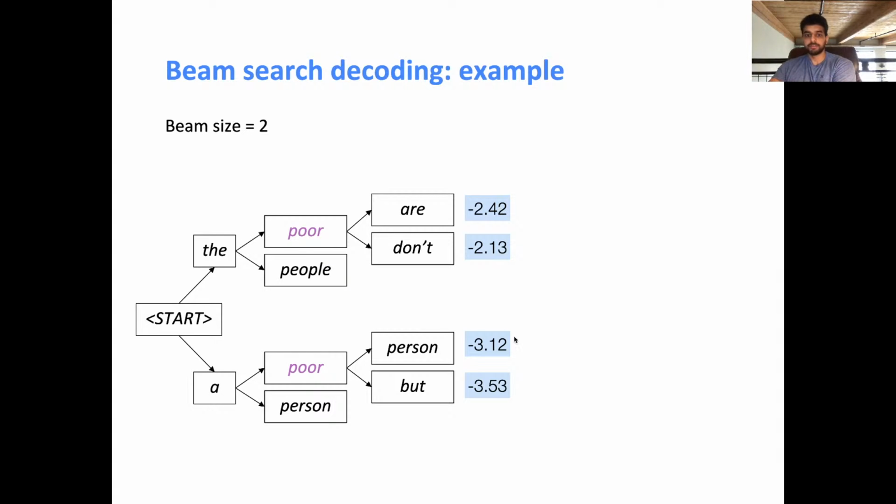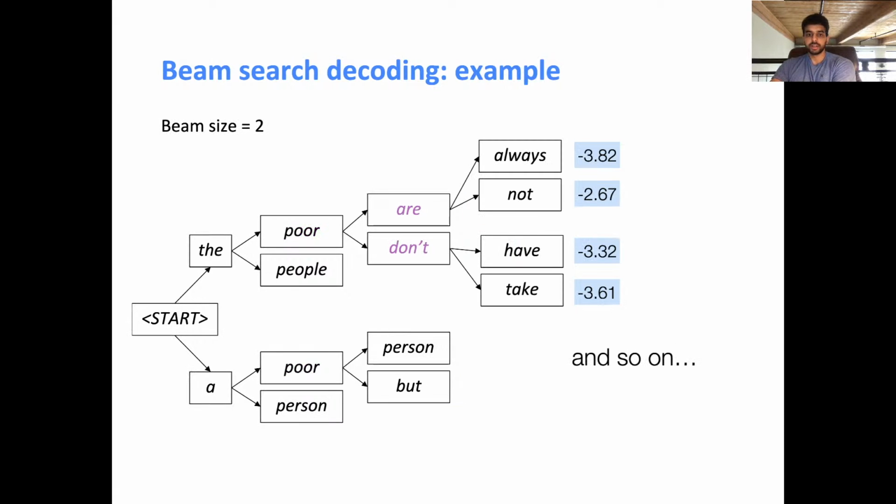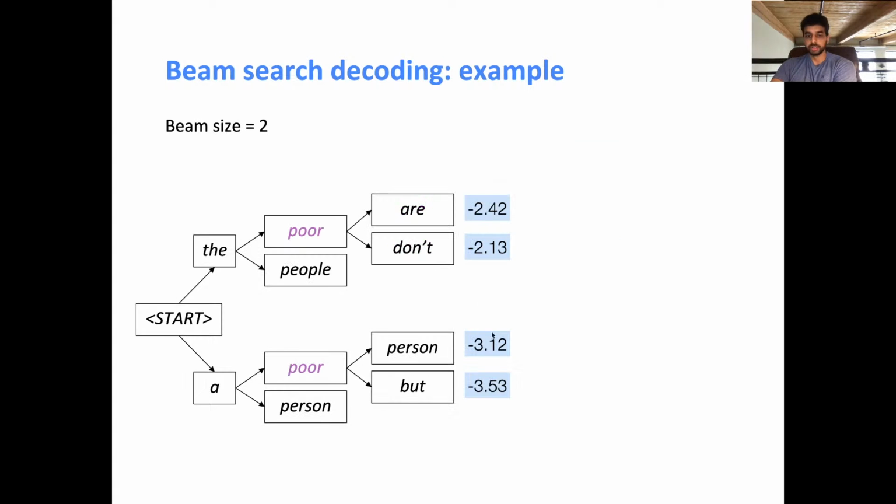I drop them off my beam, and I only expand the 2 most probable candidates that I have. So that's why we only expand here, and these ones we no longer consider because they were pruned off at this stage, as they weren't as probable as these 2. Hopefully that makes sense.